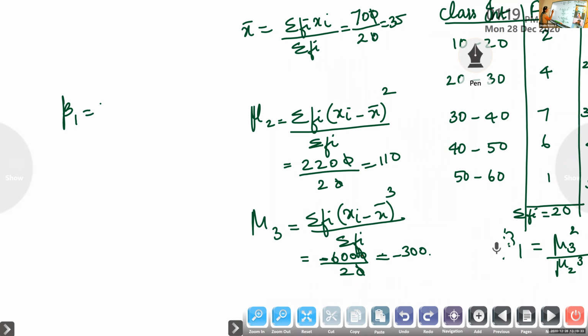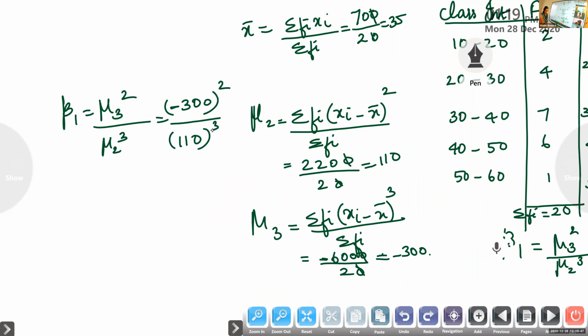Now find out what is beta 1. Beta 1 is mu 3 squared by mu 2 cube. So which is minus 300 the whole square by 110 the whole cube, which is same as 90,000 by 1331 with 3 zeros.